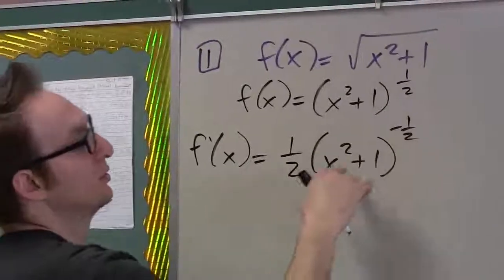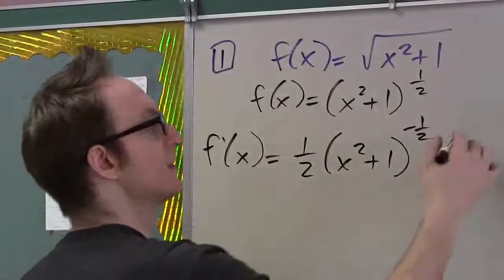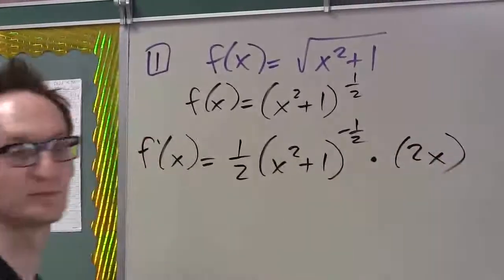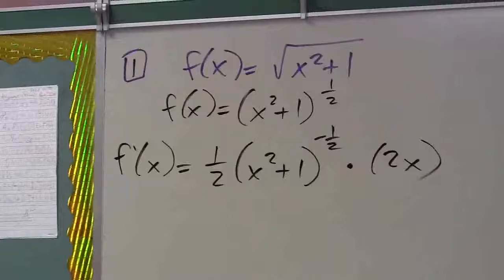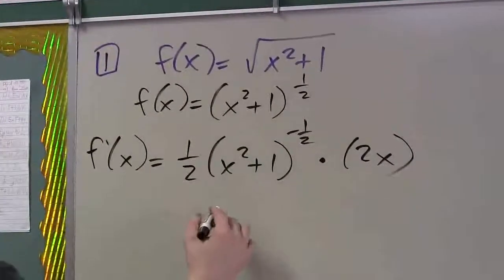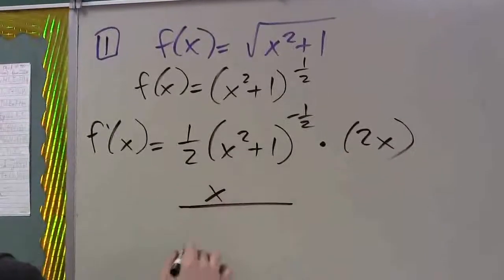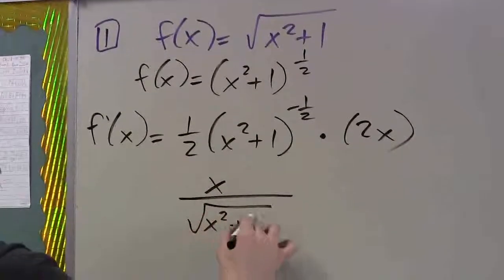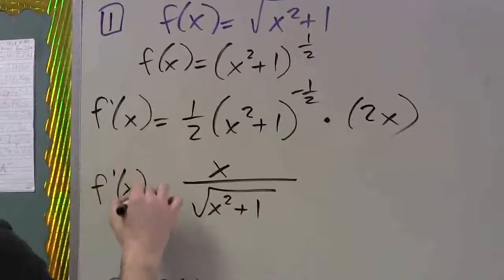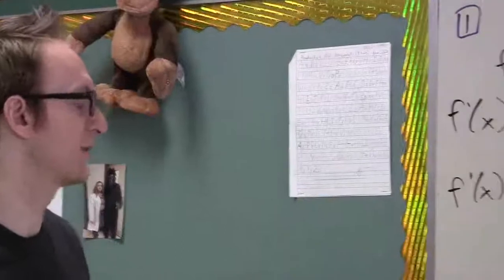Then you multiply that by the derivative of what's on the inside, which is 2x. Then I can simplify a little bit. The 2 and the 1/2 cancel, and so we get x over the square root of x squared plus 1. I always think it's a good idea to rewrite your final answer without any negative exponents.